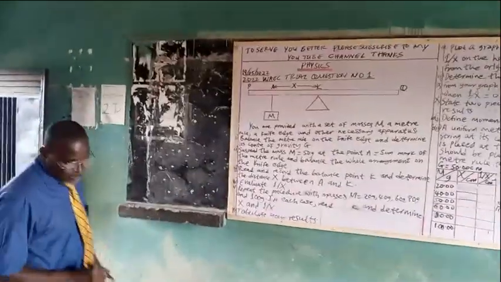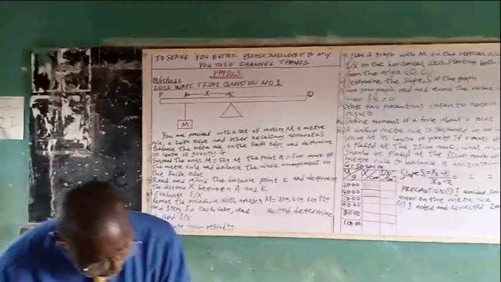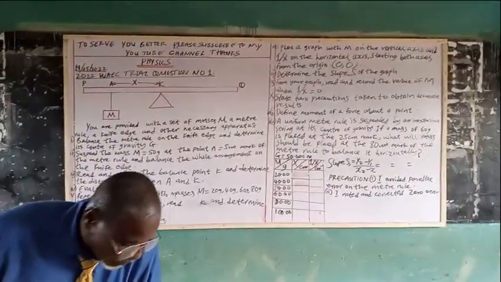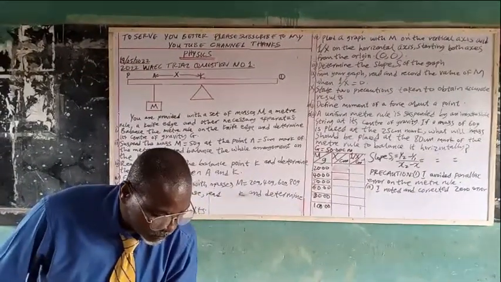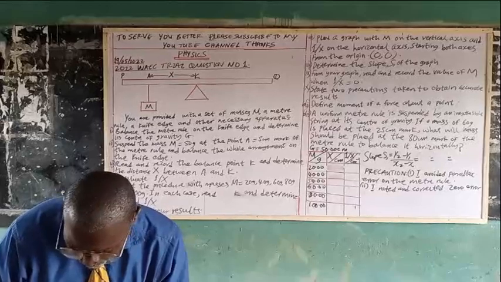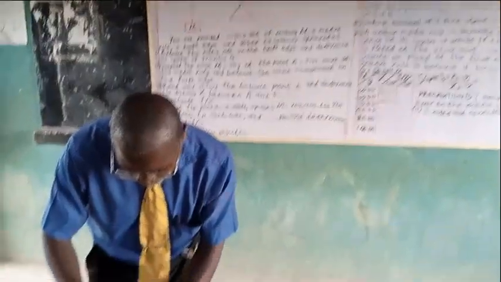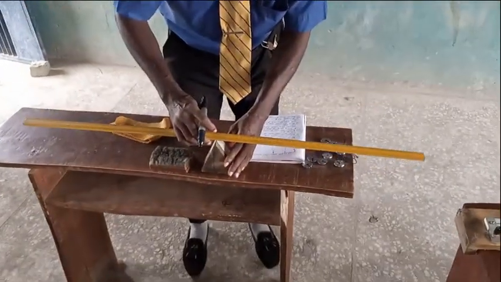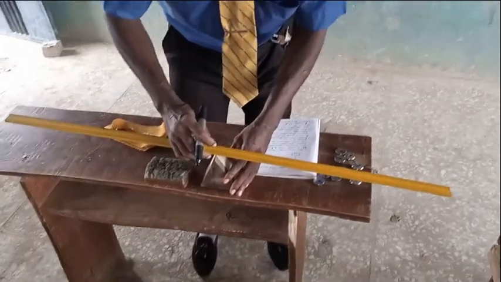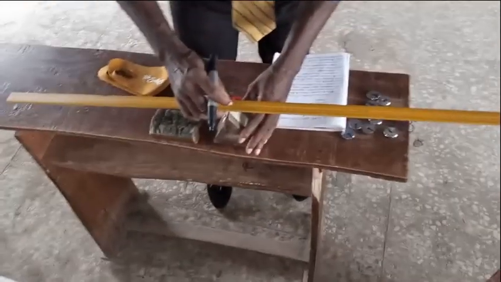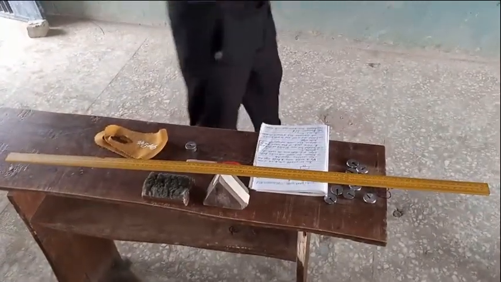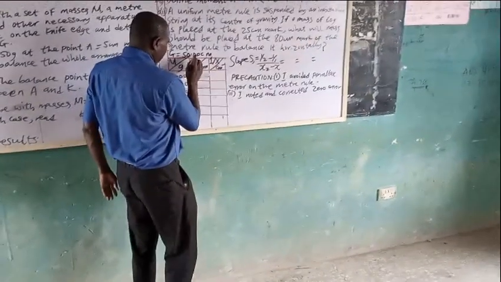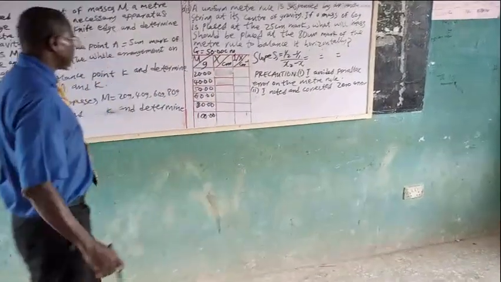Now, we want to balance the meter rule. The meter rule balance is 50.00 centimeters.